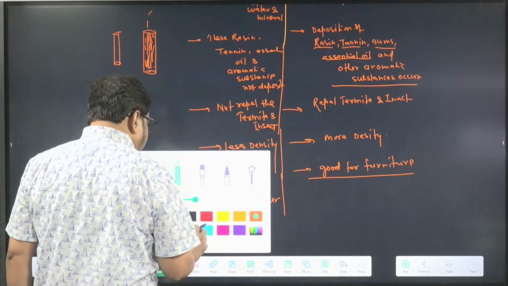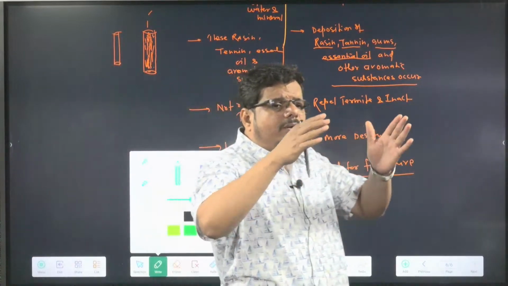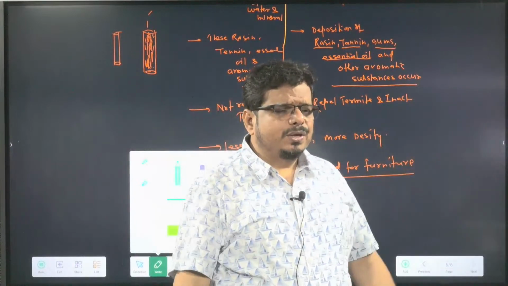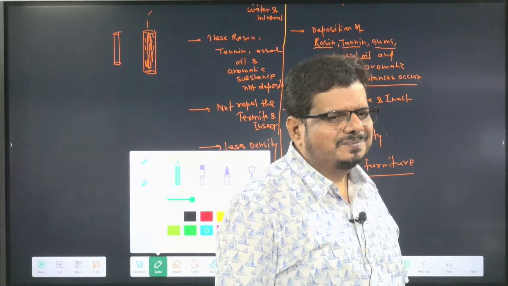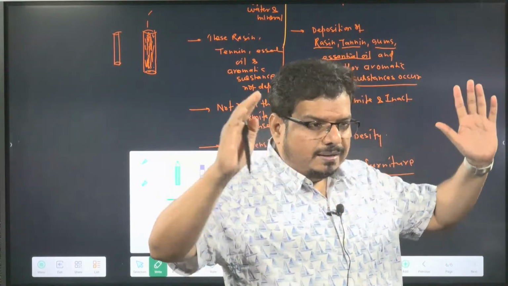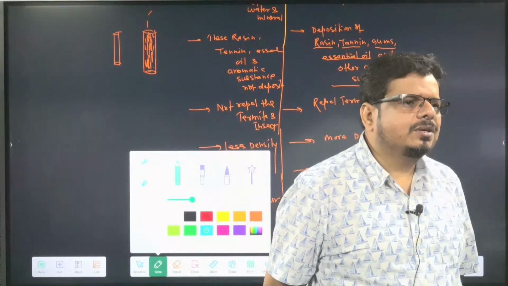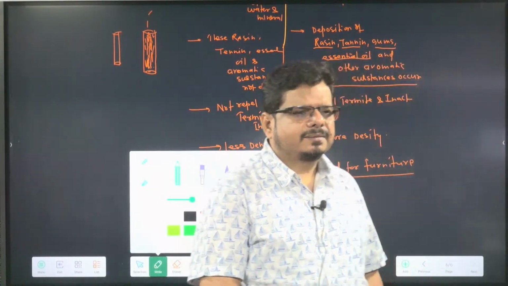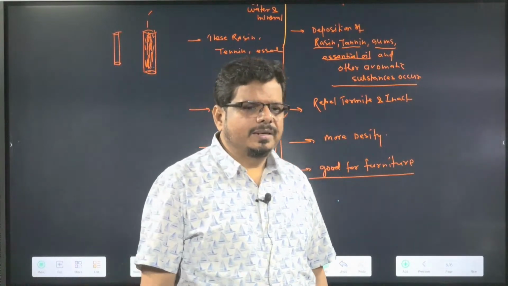Now I am asking a question. When the plant becomes older and older, which wood will increase? Heartwood or sapwood? When the age of the plant grows, will the amount of heartwood increase or sapwood increase? Answer that question. Heartwood will increase.